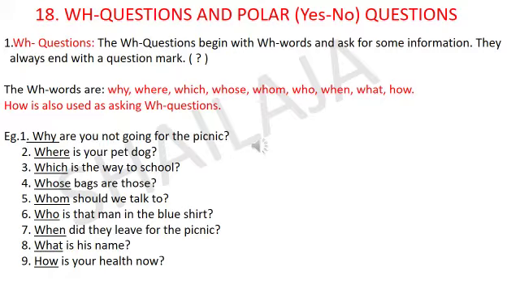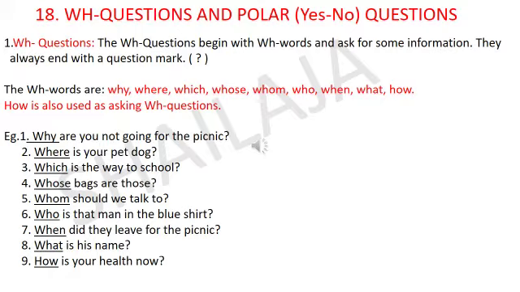Let's see the examples. First one, why are you not going for the picnic? Where is your pet dog? Which is the way to school? Whose bags are those? Whom should we talk to? Who is that man in the blue shirt?